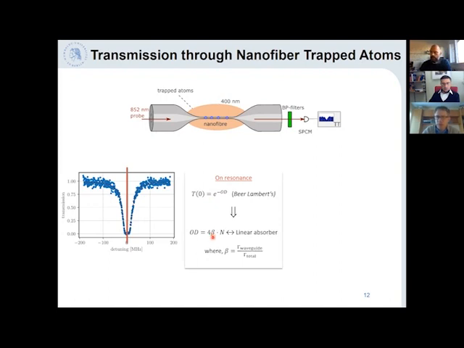And this typically is characterized in these systems as this beta parameter, where beta is actually given by the decay rate of the atom into the waveguide divided by the total decay rate, so the sum of the decay rate into free space and into the waveguide modes, okay?